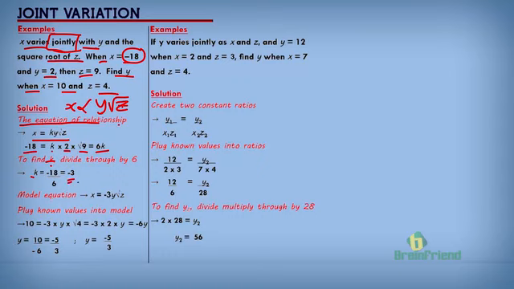Now we have a value for k. We take that value and put it back in the equation of our relationship. Okay? And that, of course, will give us our model equation. So this becomes our model equation. X is equal to minus 3y square root of z. Now let's go back to plug in our values to find our unknown y.